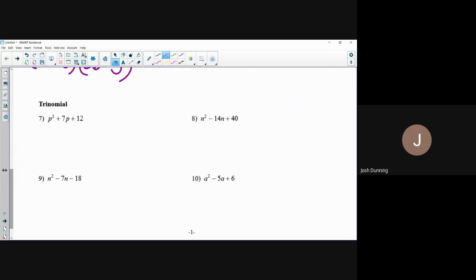Basically, look for two numbers that multiply to the number on the end. At the same time, they'll combine. They'll add or subtract to the number in the middle, depending on the signs.